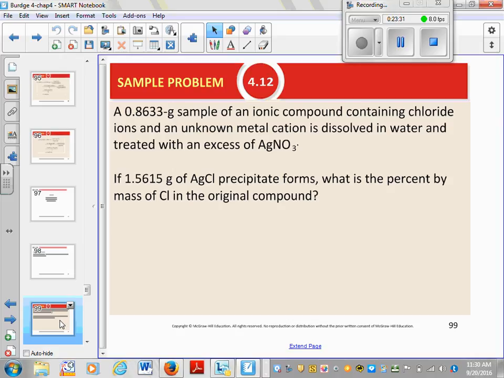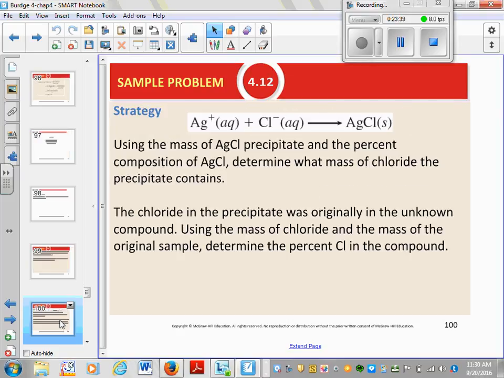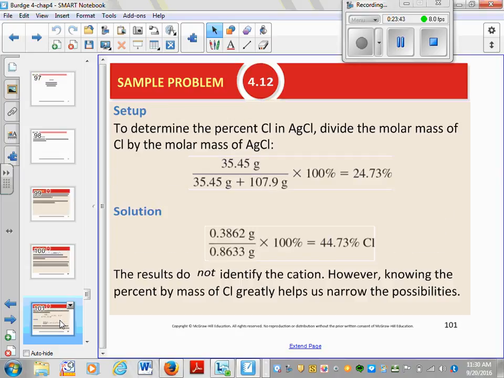Let's see if you were right. 24.73 is the percent of chlorine in silver chloride, and then you use that to figure out 0.3862 grams, 44.73. We didn't identify the metal, but we can narrow the possibilities down.